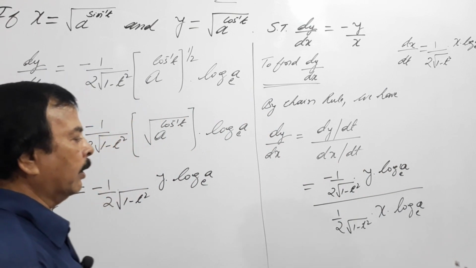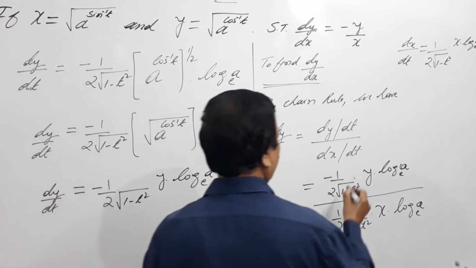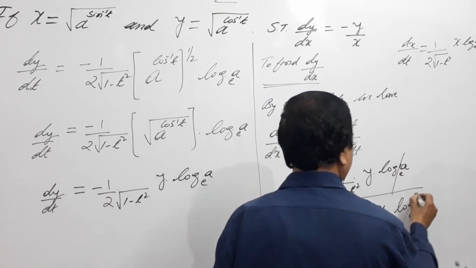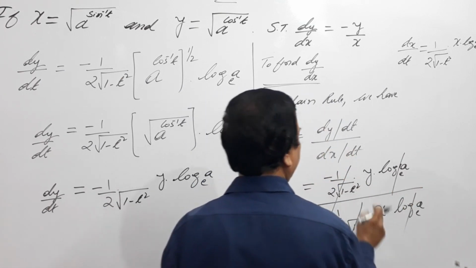Done. So what happens here? This and this cancel, you are left with minus y by x.